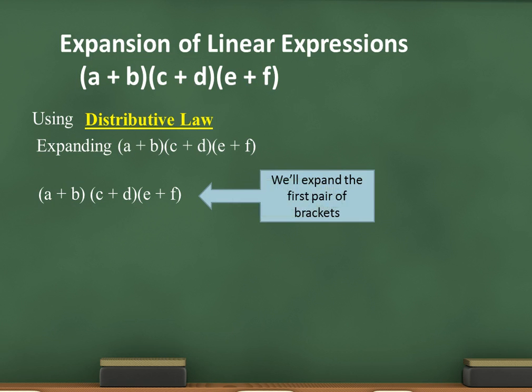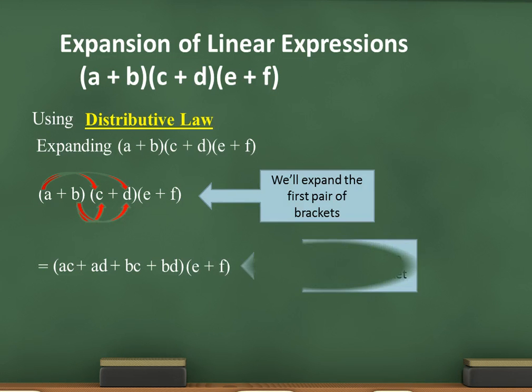I'm going to expand the first pair of brackets first. Expanding that, I get AC plus AD plus BC plus BD. Notice that the last bracket, E plus F, is still separately written. This is where we do the second expansion to include the second bracket.